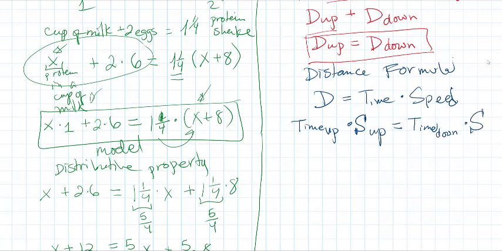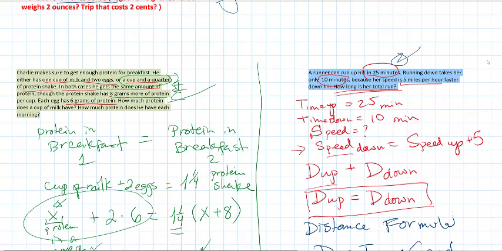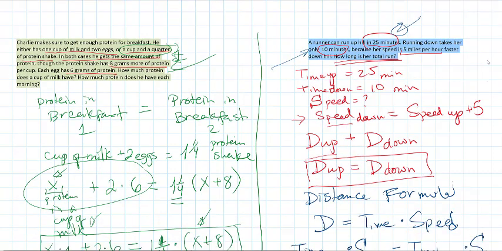times the speed down. Now we know the times and we know something about the speeds, right? We know the difference between the speeds. So let's write that out. The time up is just 25 minutes and the time down is 10 minutes, right?